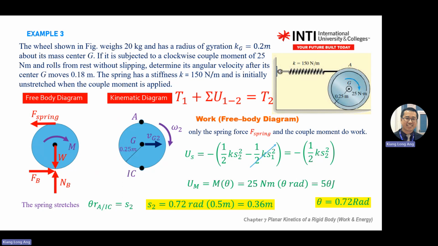Saying the R is 0.25. 0.72, you multiply by 0.25, what do you get? Sometimes it's 0.18.